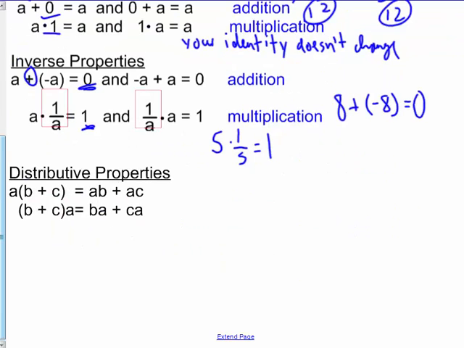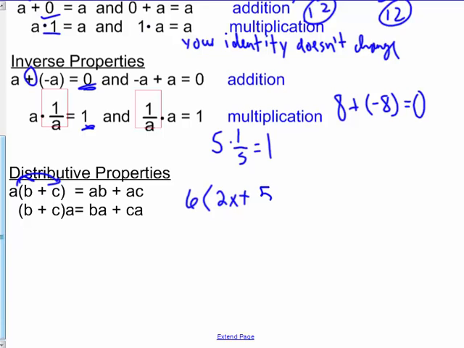The last one, the distributive property. When I think about the distributive property, it's really a grouping type of thing. I'm going to take the number on the outside, A, and multiply it to every term on the inside. Some people like to use arrows to show it. That's fine. I would suggest it just to make sure you don't forget any.